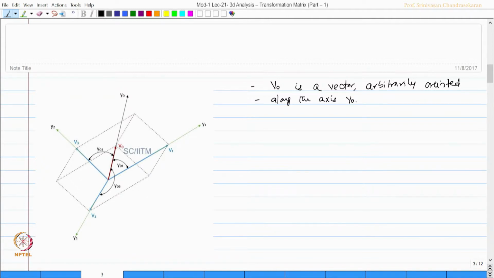Now, I want to transform this to the reference axis system.